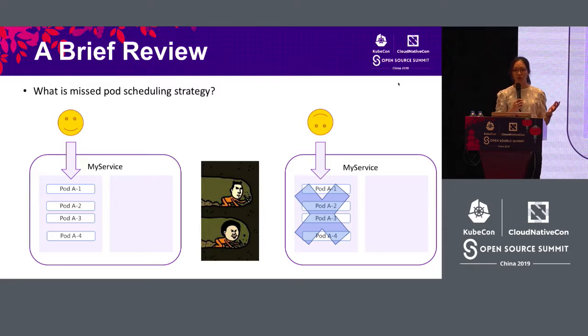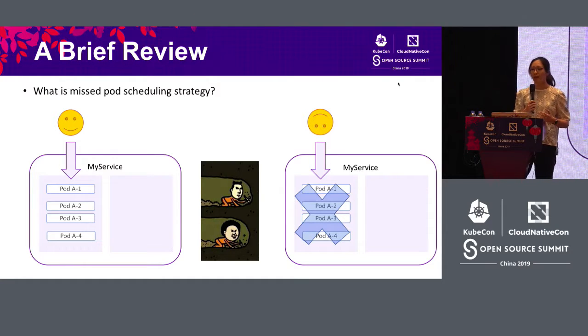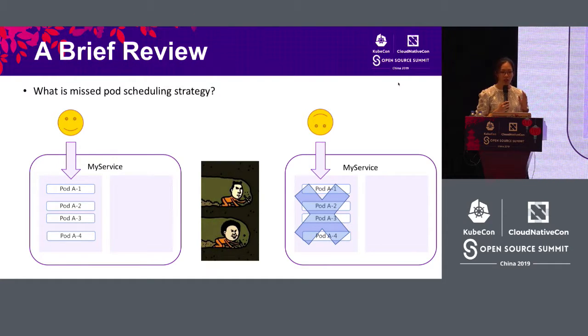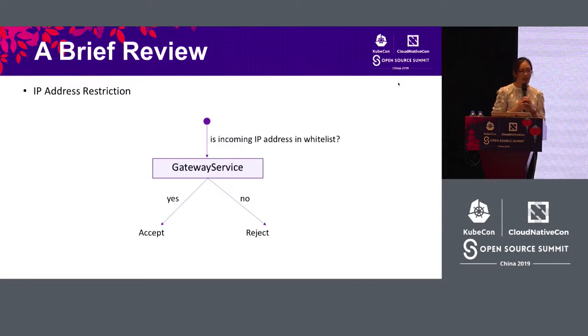And if there's a disaster happening to our machine room or the computer room, we might not have enough resources. So whether my application can be recovered in another center is a very big question mark. So this consistent or the same scheduling strategy does not allow us to have disaster tolerance. And the third challenge is the IP address restrictions.